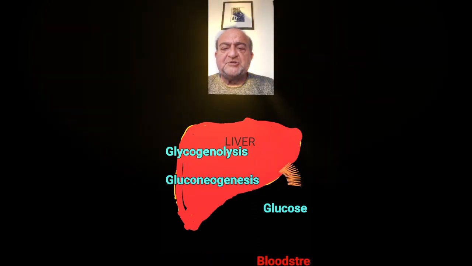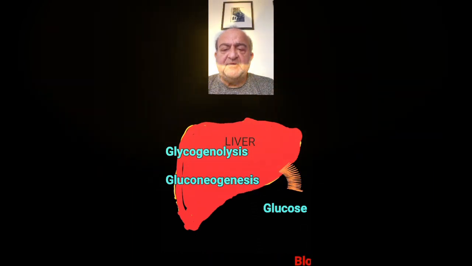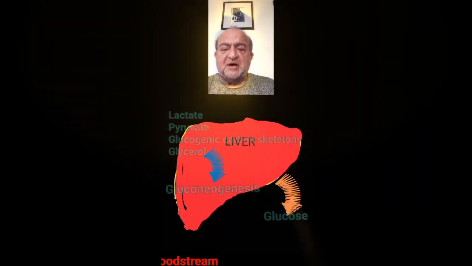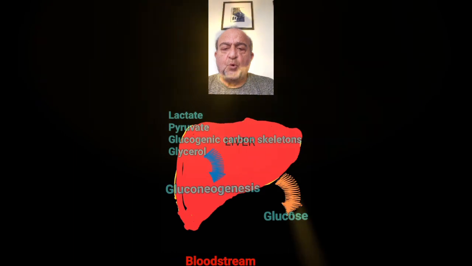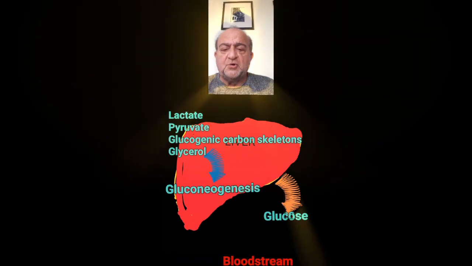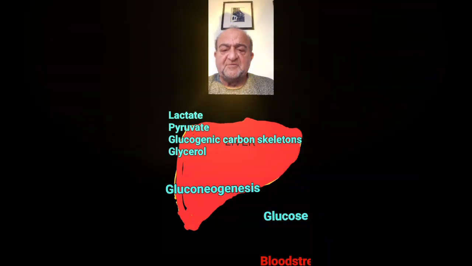When glycogen stores get depleted with time, gluconeogenesis becomes a more important source for glucose output from the liver.